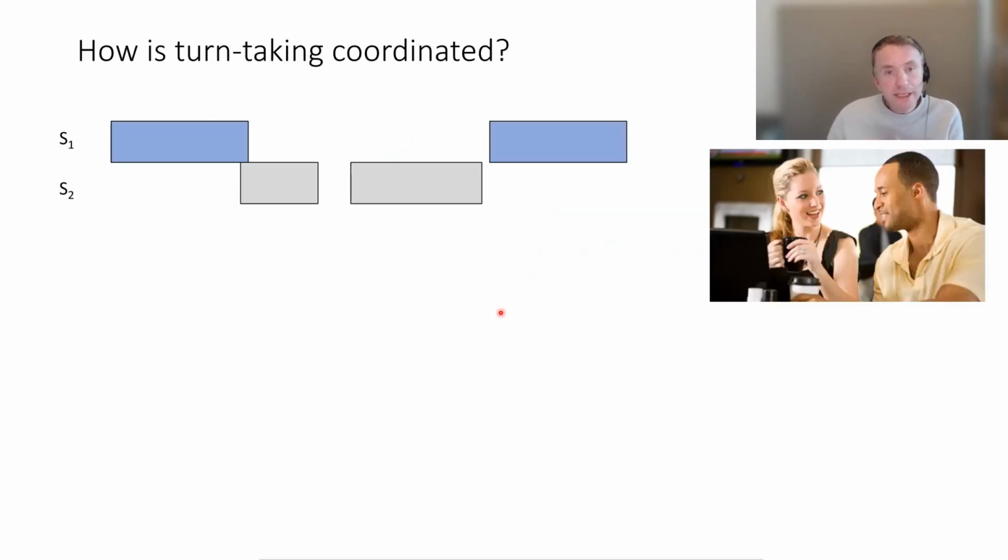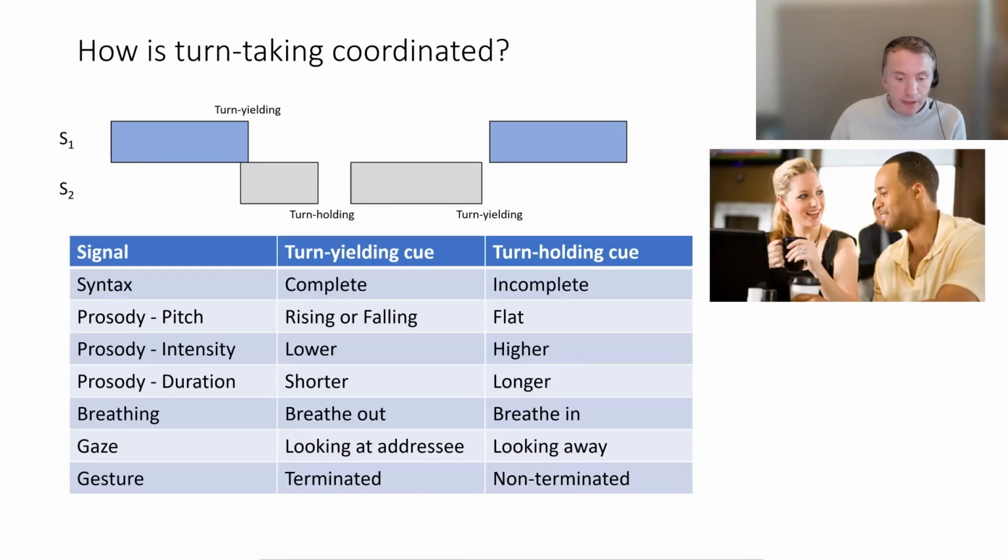But one of the core mechanisms here is that we think that people use so-called turn-taking or turn-holding cues in order to signal that you are yielding the turn or holding the turn. So when you hand over the turn, you produce a turn yielding cue, and when you want to hold the turn, you have a turn holding cue. This allows us to have very rapid turn shifts at times, while also having longer pauses at other times.